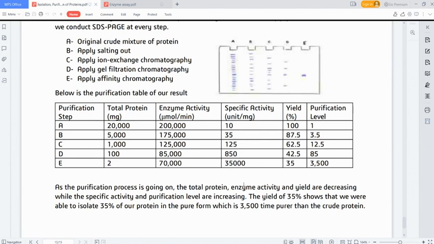If it is purified, you tell us whether the purification step worked or whether there is an error in the purification steps.